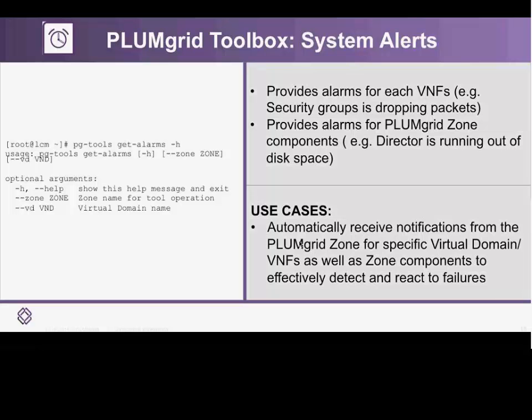You can also get notified for changes in component health, like a director cluster node, physical machine, actually running out of disk space. That's just one example, right? So you can get notifications so that you can jump in there, detect it proactively, take action and react to those failures. So this is our System Alerts.